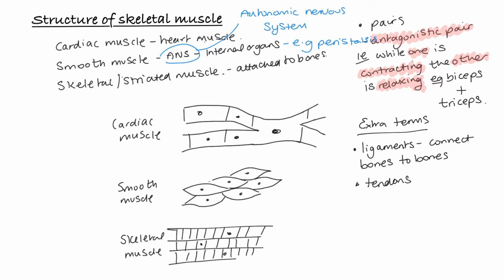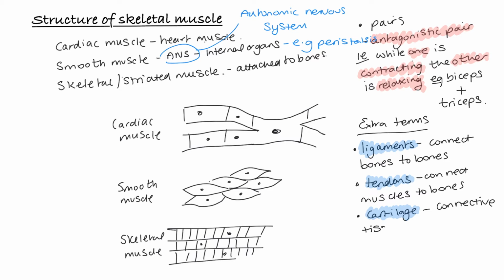And at the joint, we find cartilage. So cartilage is a soft, spongy connective tissue which cushions the joint and prevents friction and wear and tear between the bones. So you might come across the words ligament, tendons, joints and cartilage, and these are all just general terms that you need to understand what's going on with our muscles.